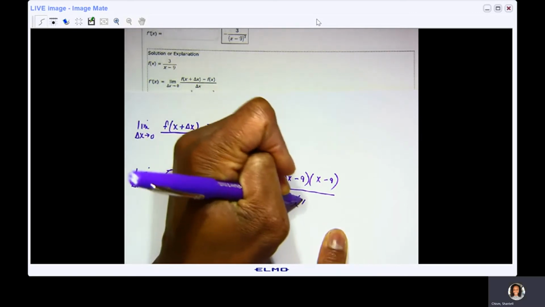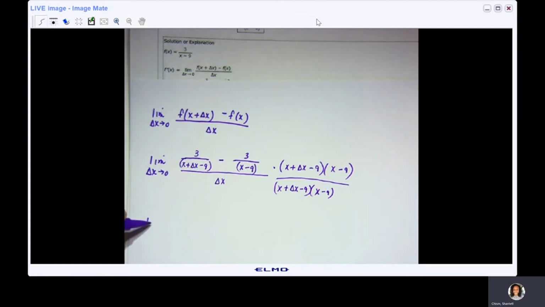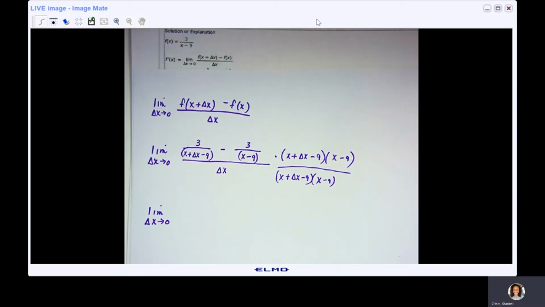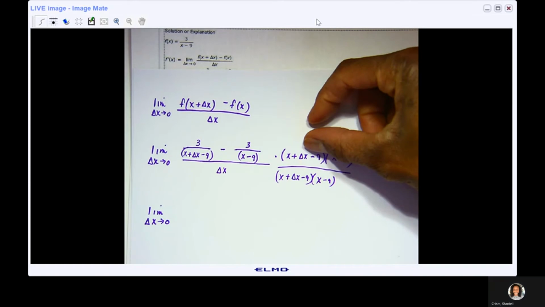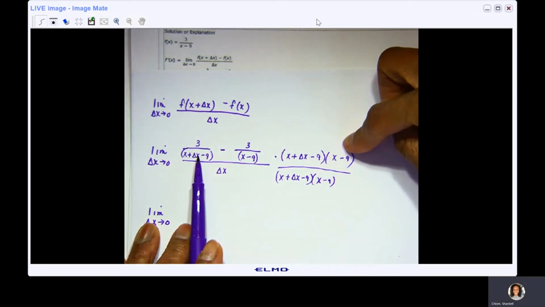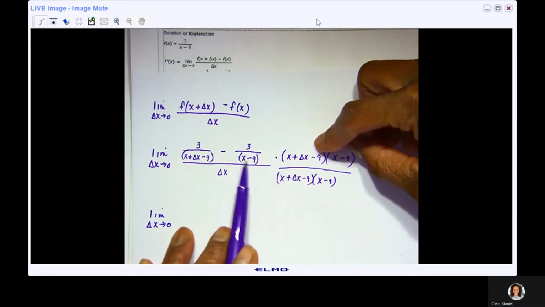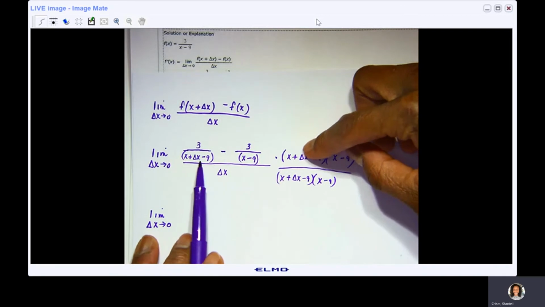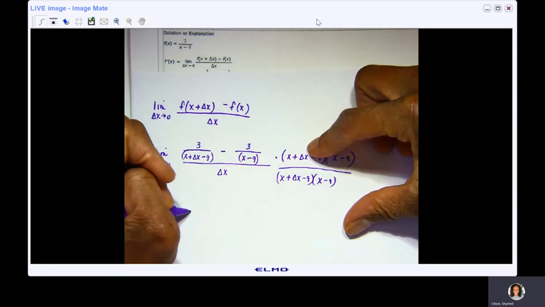So this is where those algebra skills come into play here. So what's going to happen so that you can clean this right now? So what's going to happen? Let me just write it out.